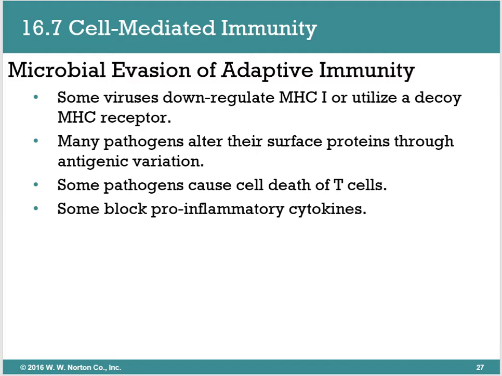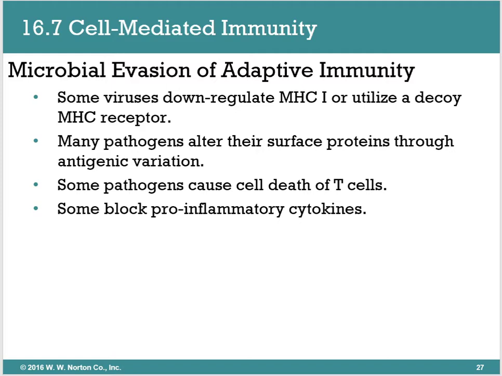And if the protein is changed, then binding can't occur, and our body's not going to recognize that we're being invaded. Also, there are pathogens that can induce cell death of T cells. If it can fight off our T cells, then we're not going to have a very robust immune response, and our enemies, the pathogens, are going to win.